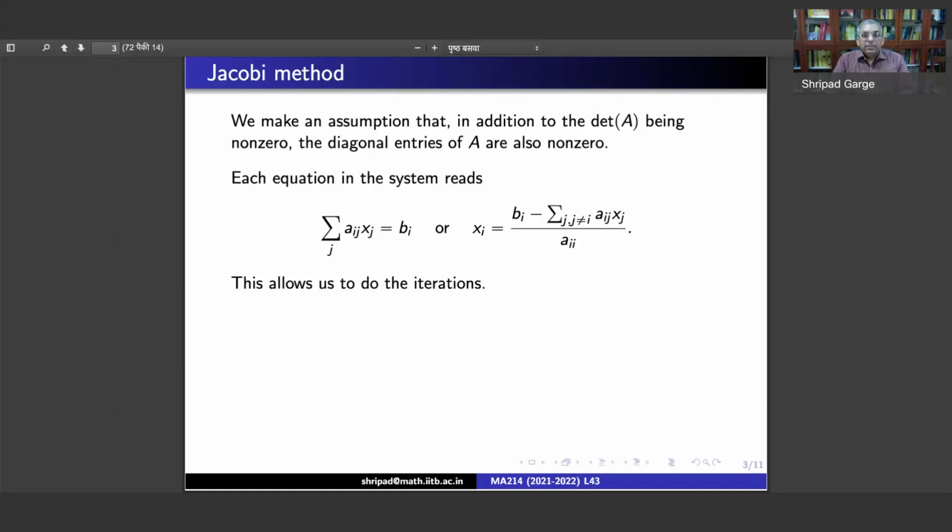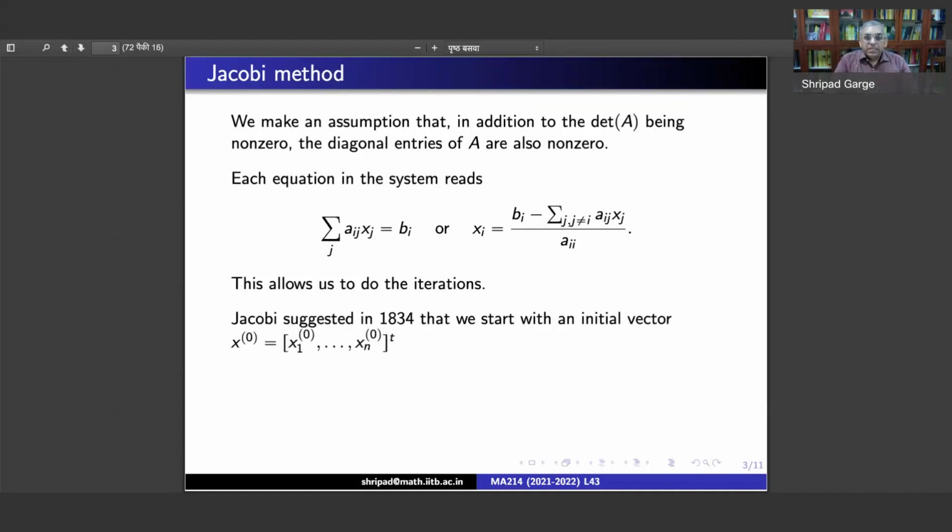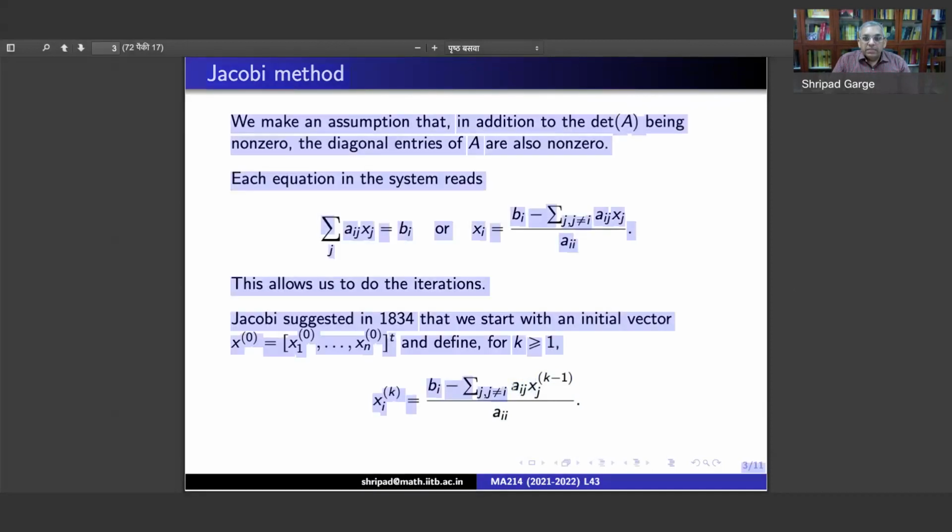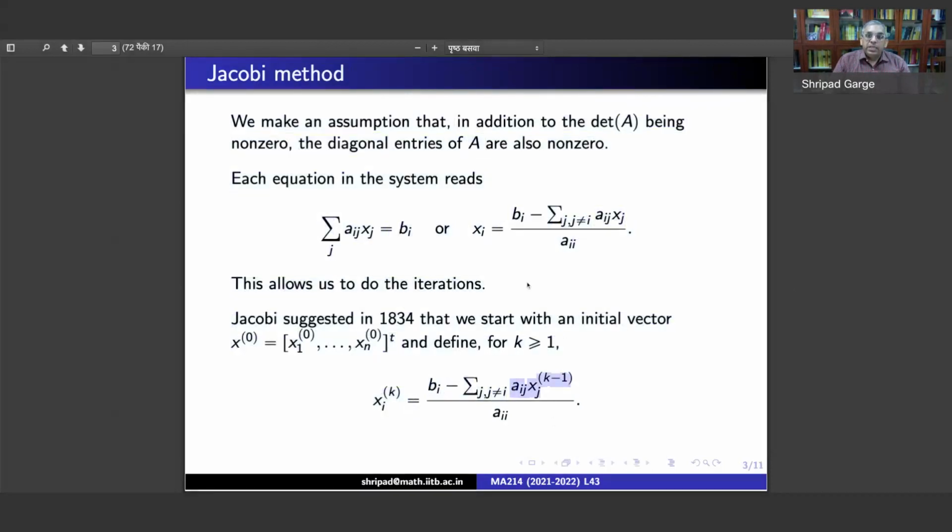What we'll do is start with an initial vector x0, given by x1 superscript 0 up to xn superscript 0, transposed, so it's a column vector. Then for the kth approximation and its ith component, we put the k minus 1 approximations in the above equation.